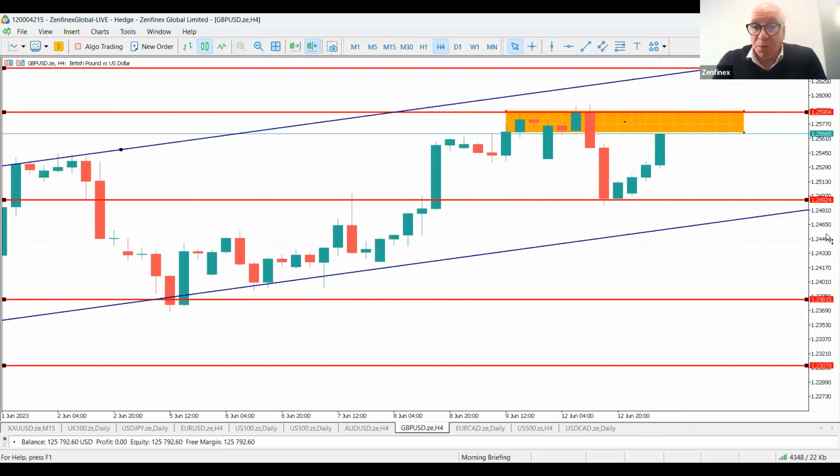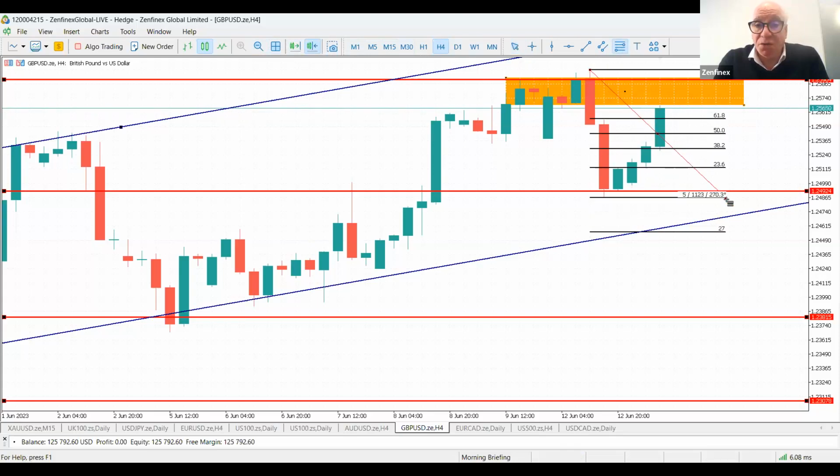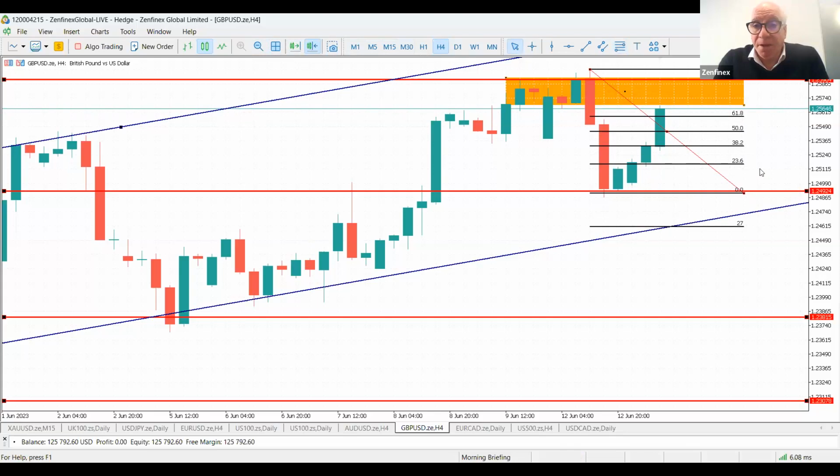And what we really also want to do is, because we are in the upward trend, if you like, or short-term upward trend, we want to see if we can see where prices may pull back to. And again, those of you who've watched these before will know I use fibs from the top to the bottom, and it's just broken through the 618 level.